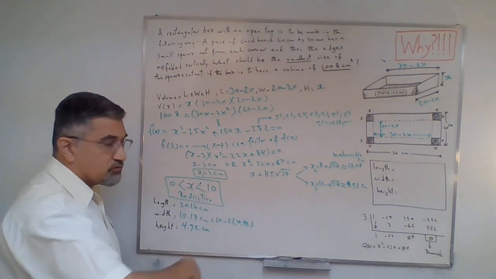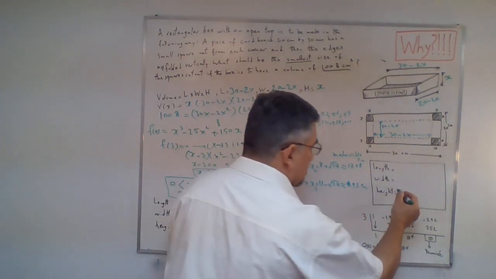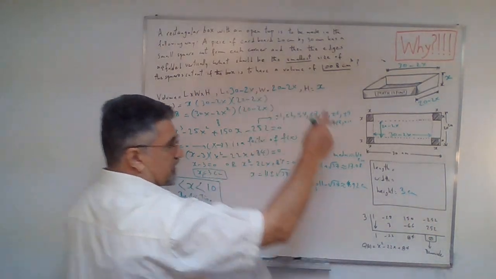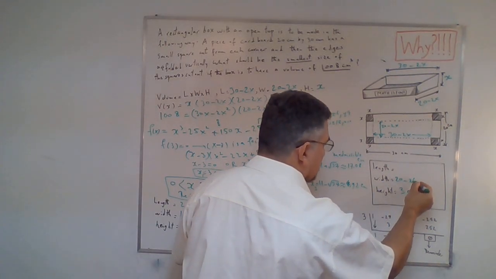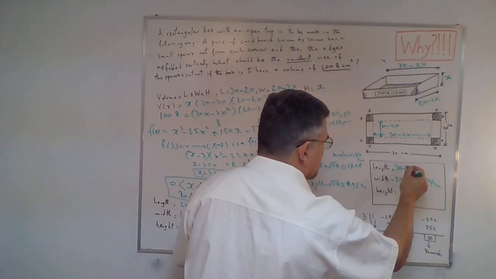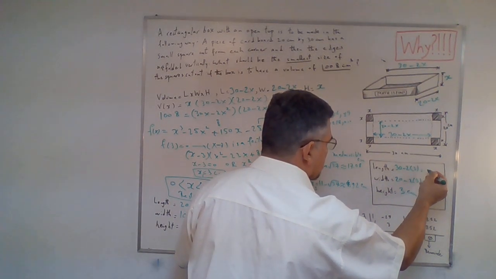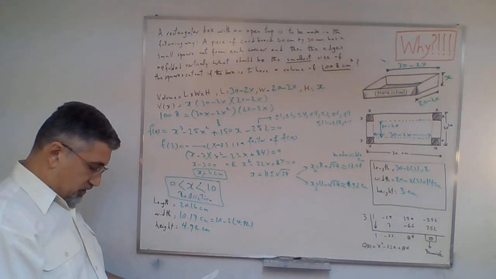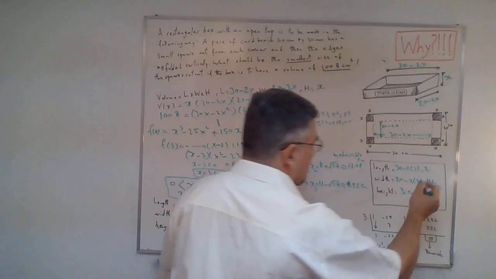The other solution was 3 centimeters. So the height is 3 centimeters, and the width is going to be 20 minus 2x. So 20 minus 6 is going to be 14 centimeters, and 30 minus 6 is going to be 24 centimeters, right?